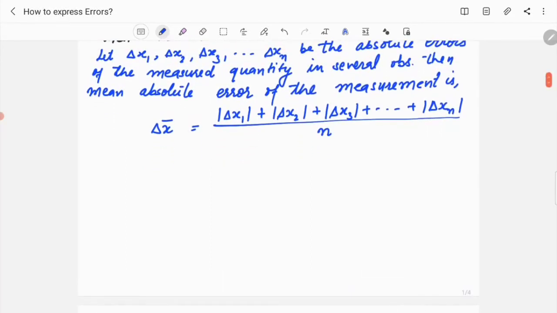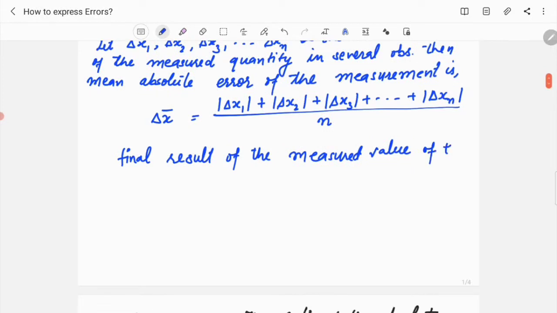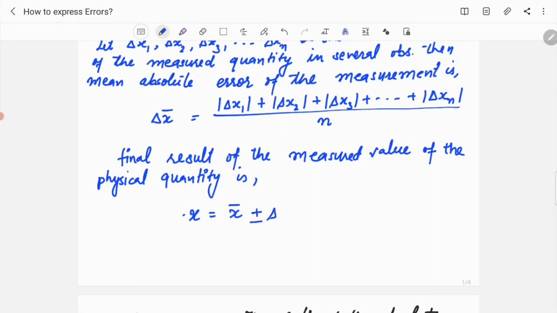Then the final result of the measured value of the physical quantity is written as x equals x bar plus minus delta x bar. x is the physical quantity, x bar is the mean value of the physical quantity, and delta x bar is the mean absolute error.